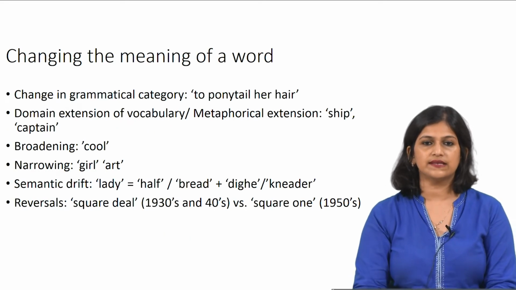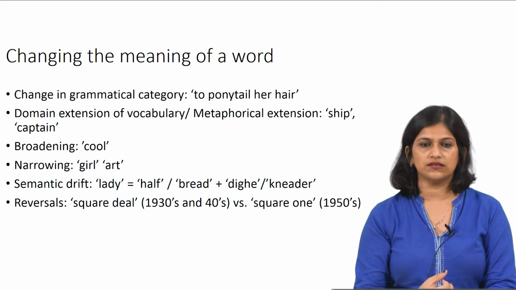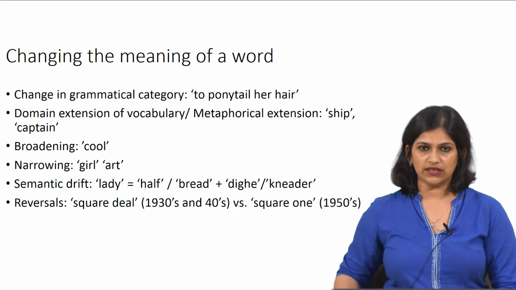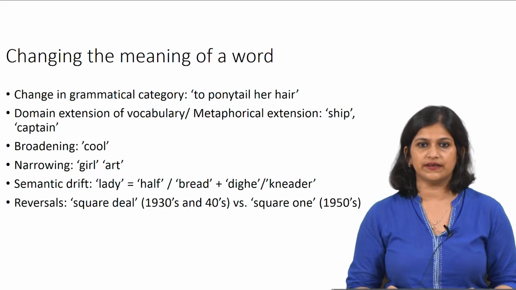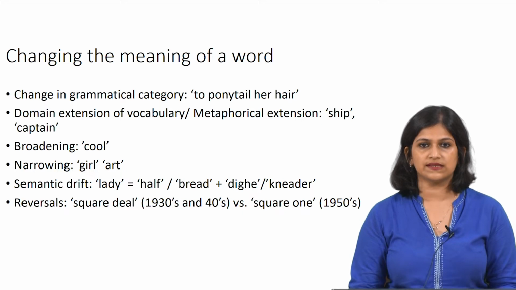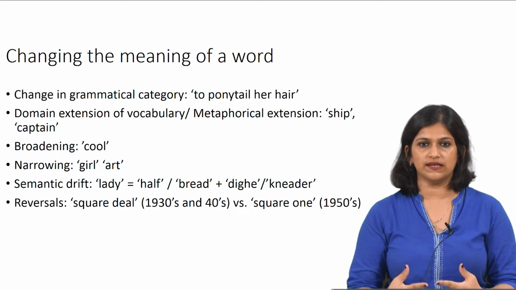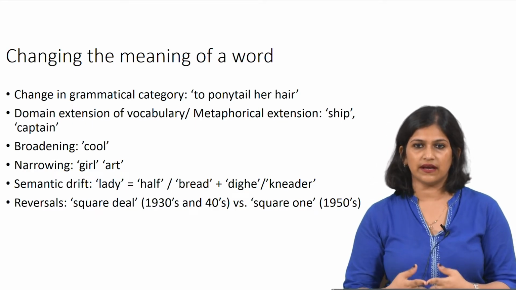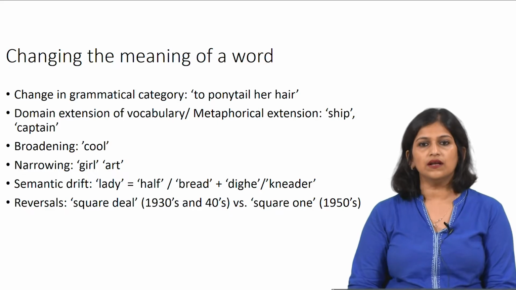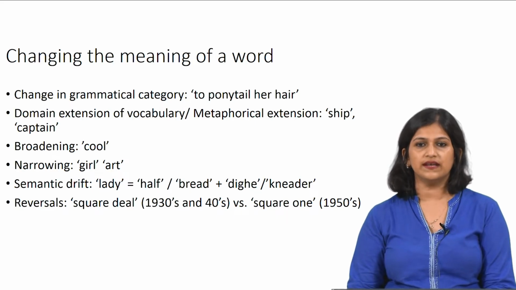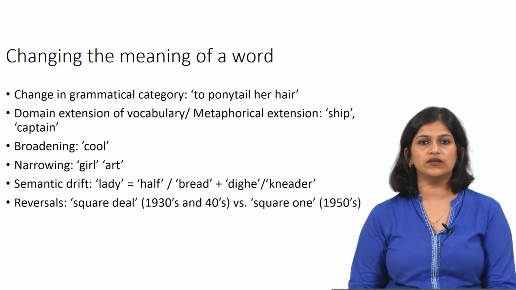Then the second thing is how neologism works when you are trying to change the meaning of the word. When you say change the meaning, it also happens at different domains or different layers. What are the different domains? One such domain is change in the grammatical category. Here I have given you an example, to ponytail her hair. In this construction, ponytail as a word, in most cases we use as a noun.